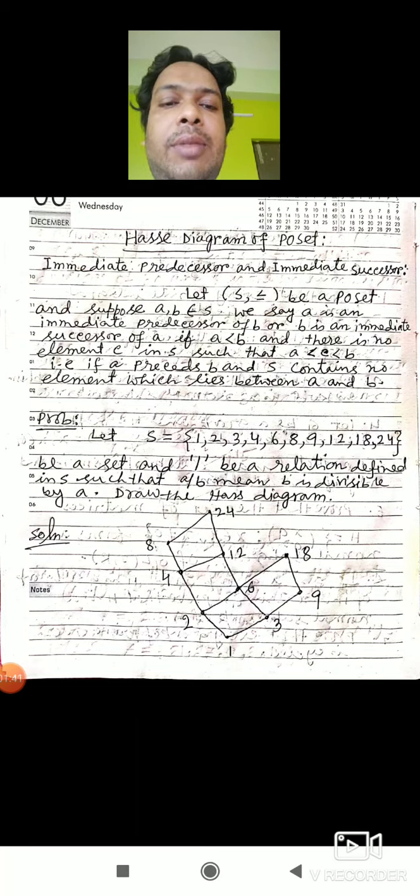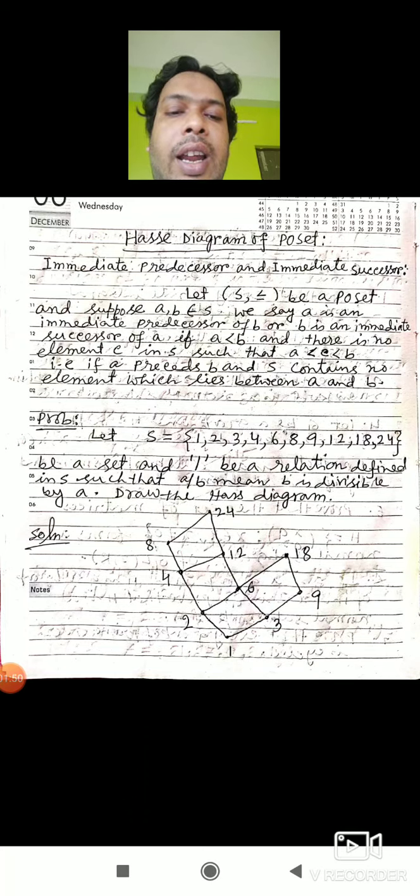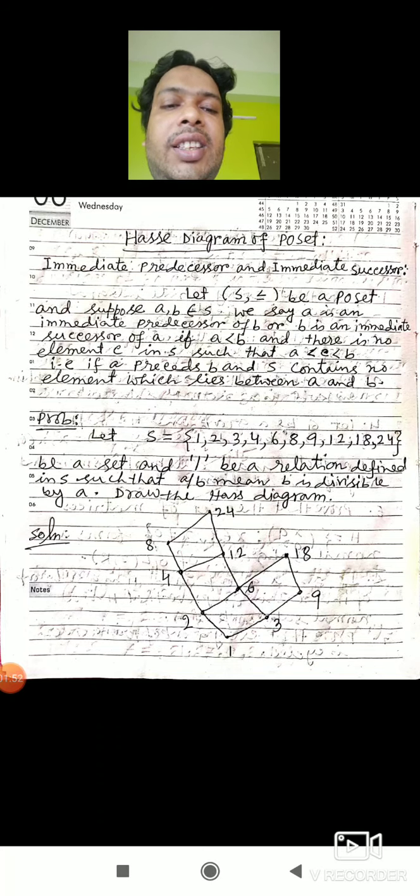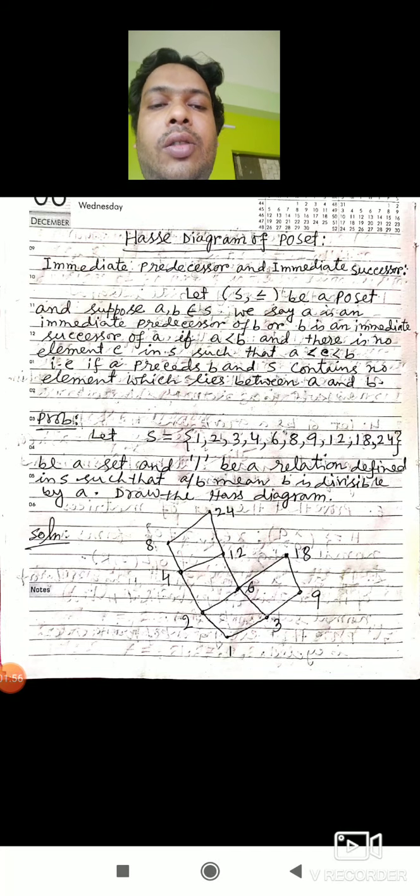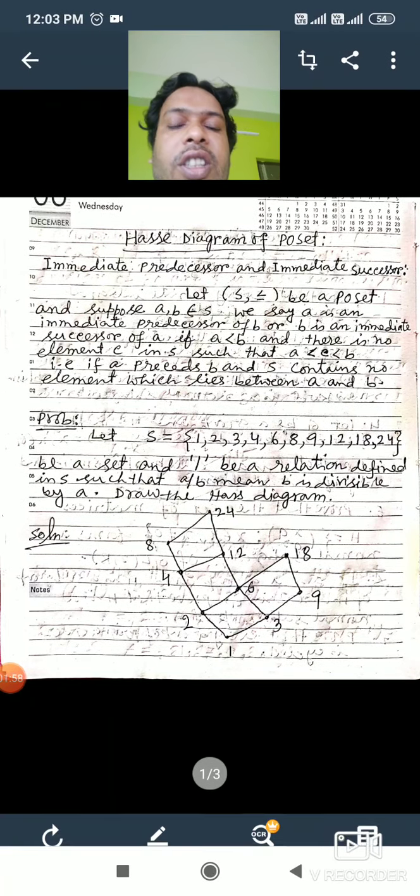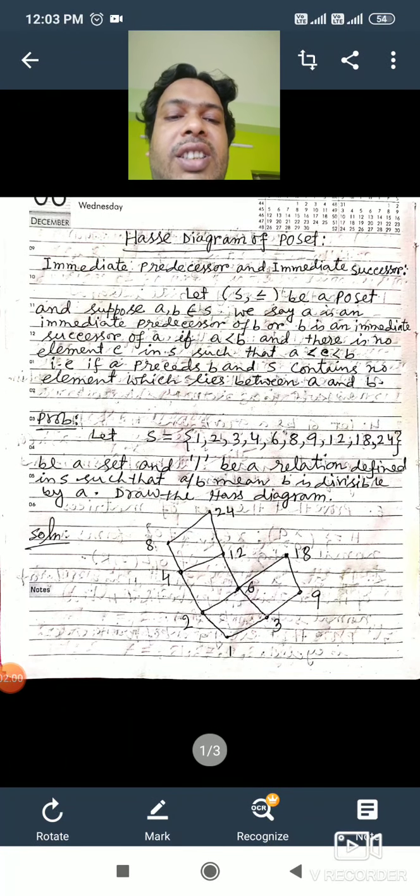Now the immediate successor of 2 and 3 is 6, the immediate successor of 2 is 4, and the immediate successor of 3 is 9. Now draw 2 to 4 and 3 to 9. Again we see the immediate successor of 6 and 9 is 18. So we draw 18 from 6 and 9, and the immediate successor of 4 and 6 is 12.